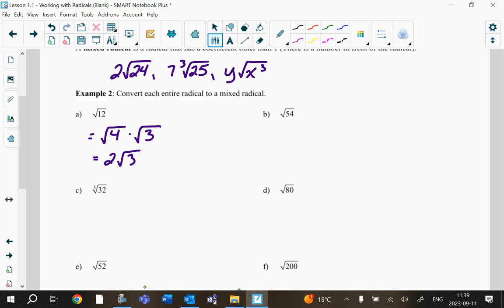So I went from an entire radical root 12 to the mixed radical 2 root 3. And remember, that's how you read it: 2 root 3. You would read this like root 12. Whenever it's a square root, you don't have to say square. You can just say the root.